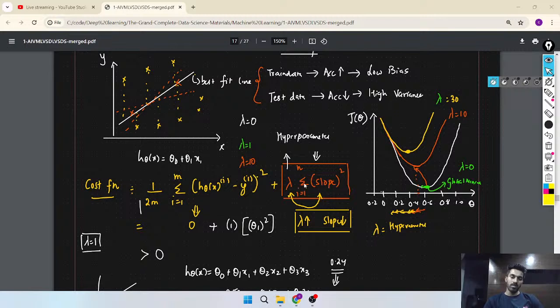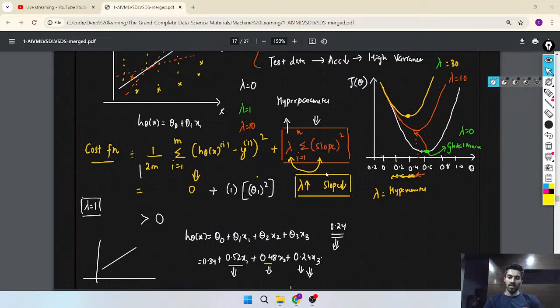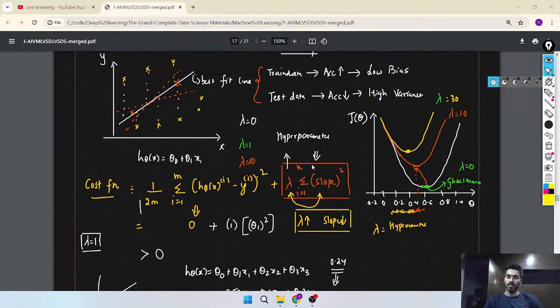If you are using only simple linear regression, you can take lambda times slope squared. Lambda is the hyperparameter, meaning you can change it at the time of training. Suppose this is the function for lambda equal to 0, lambda equal to 10, lambda equal to 30; you will get functions like this.